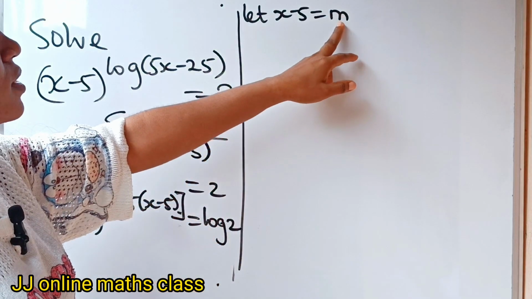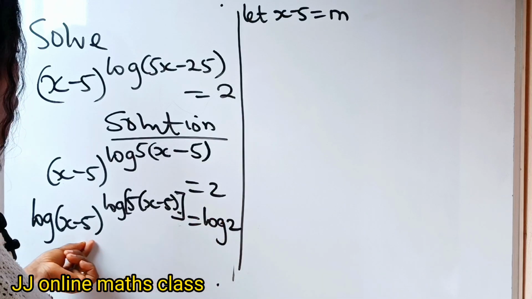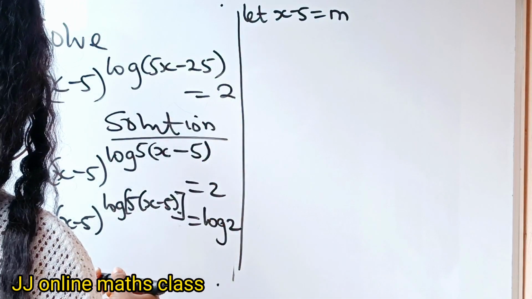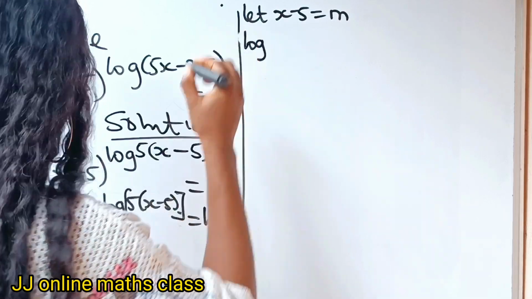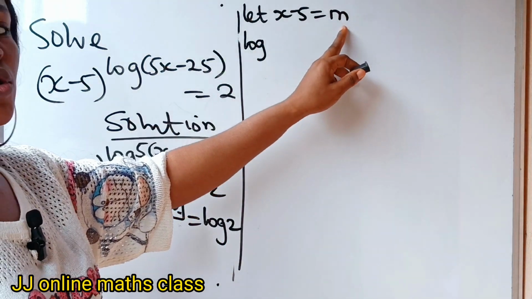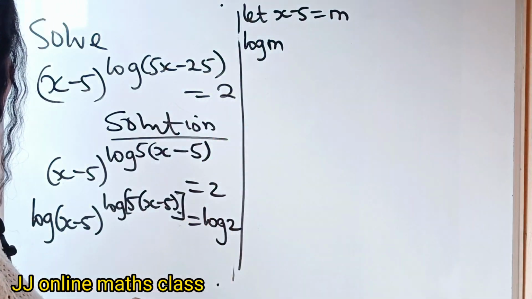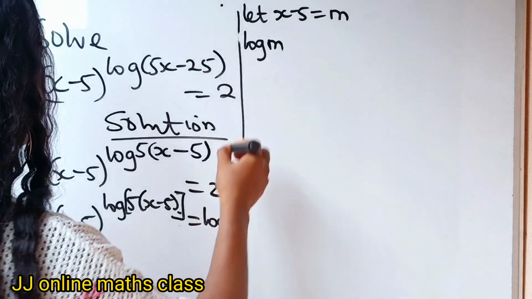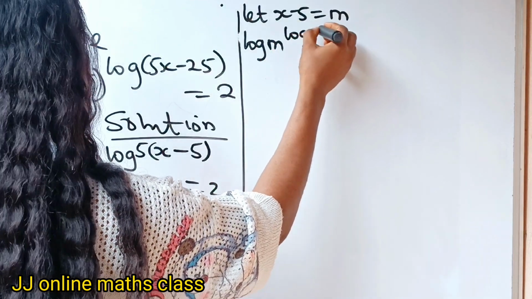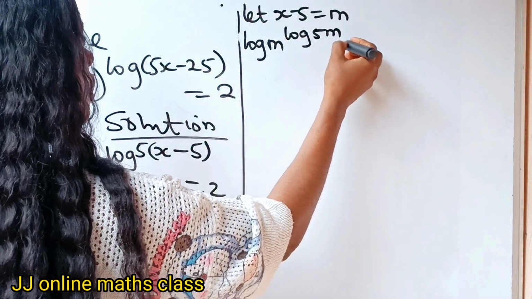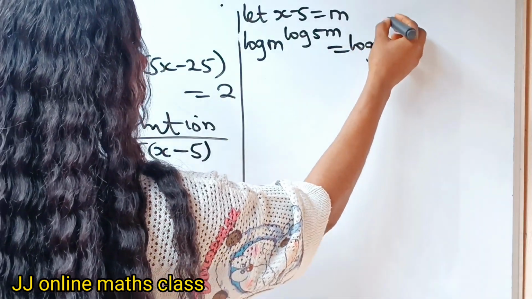That means anywhere we see this x minus 5 in this equation, we are going to replace it with m. So we are going to have log m raised to the power of log 5m, since x minus 5 is m, is equal to log 2.